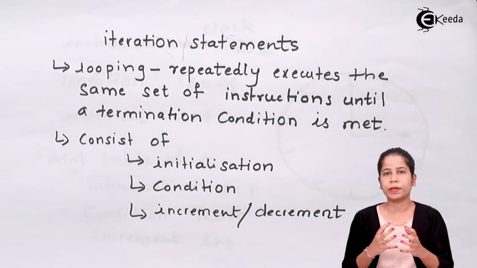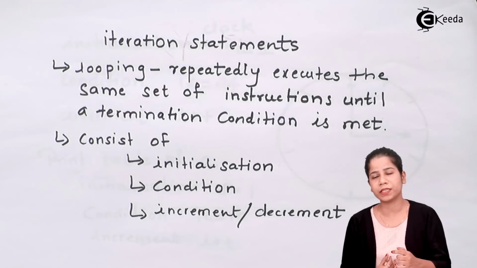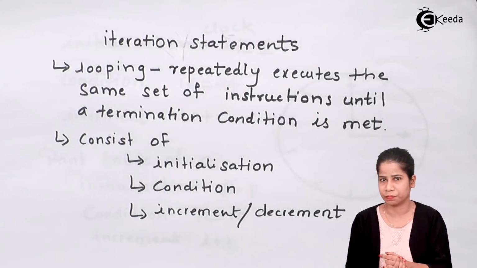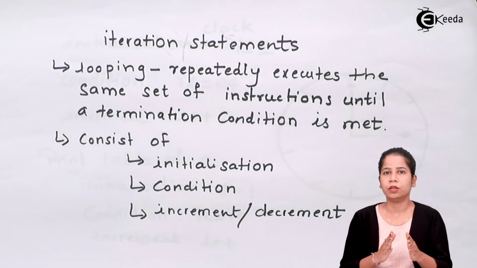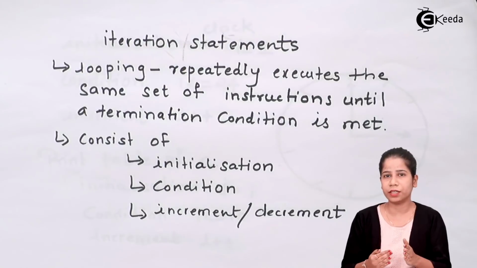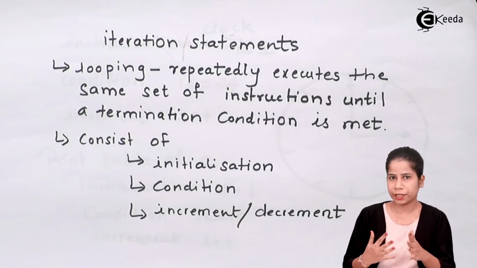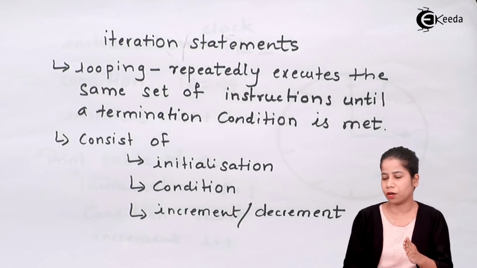So any task that you need to perform again and again, the looping statement is a solution for the same. In Java, 3 types of looping statements, or iterating statements, are provided. So let's check out what a looping statement is all about.